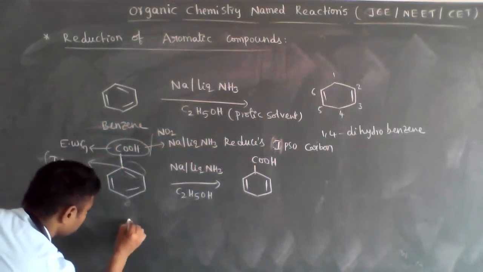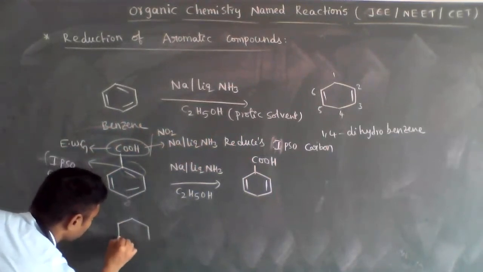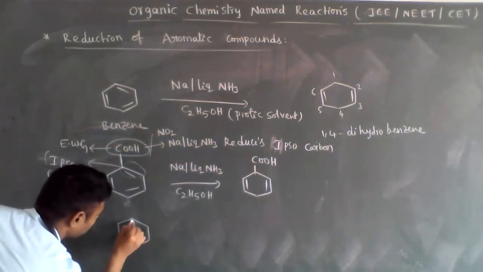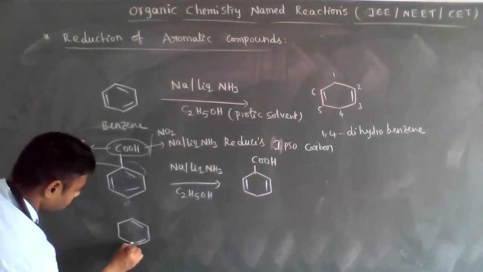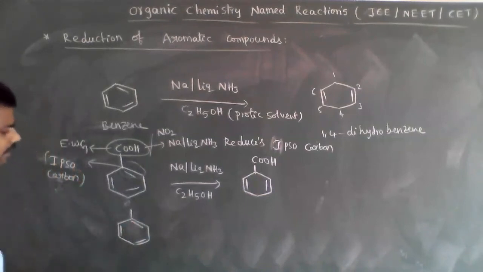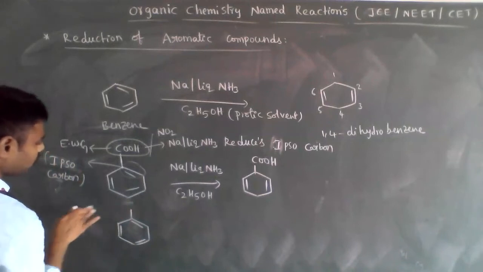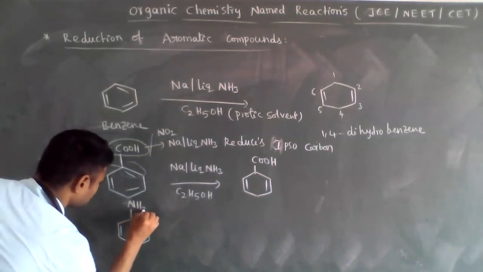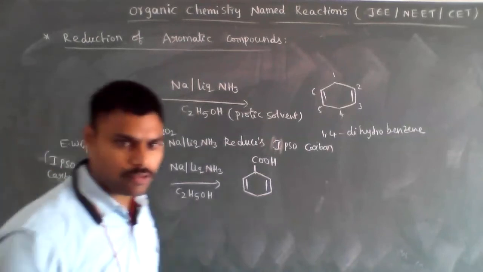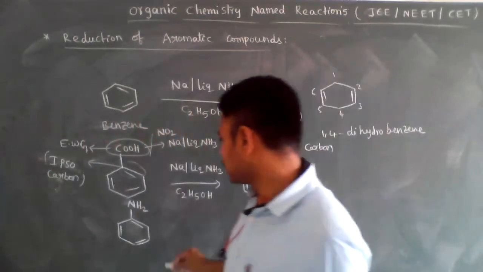Now, the second model is electron donating groups. What is an electron donating group? Electron donating group means like NH2 is present or OH group is present, or R, CH3 group is present.